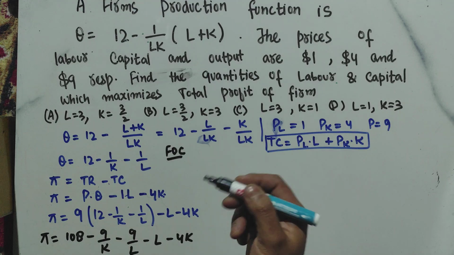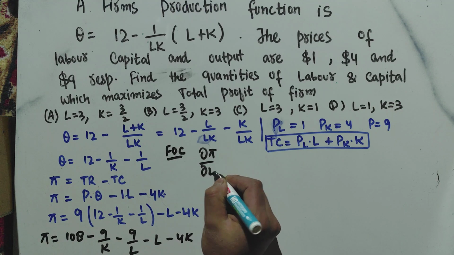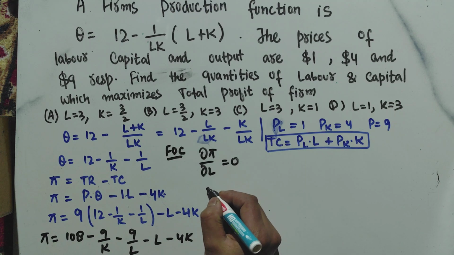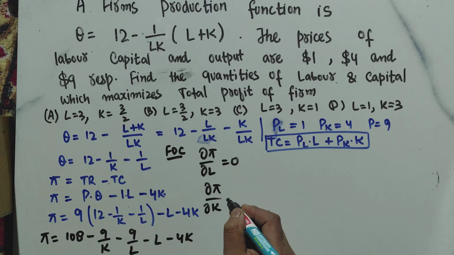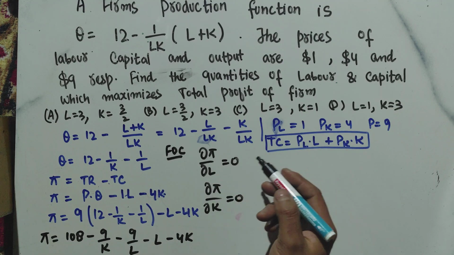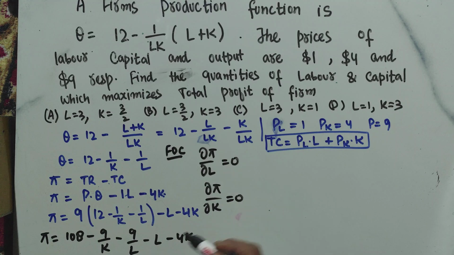So the first order condition will be that marginal profit with respect to labor should be equal to 0, and marginal profit with respect to capital should be equal to 0. That is the partial derivative of the profit function with respect to L and with respect to K. Now let us differentiate with respect to L first.